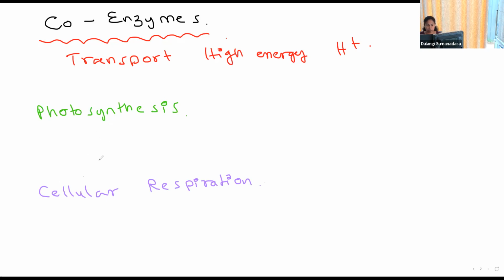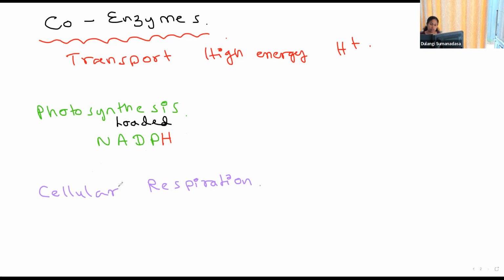So for photosynthesis, the coenzyme is NADP and H. This is the loaded coenzyme because it contains the high energy proton. Can you write down on the top, the loaded coenzyme? So this is the loaded one. We have the high energy proton inside the NADP. NADP at the moment is carrying the high energy proton.